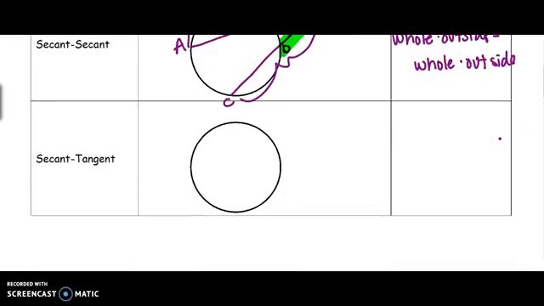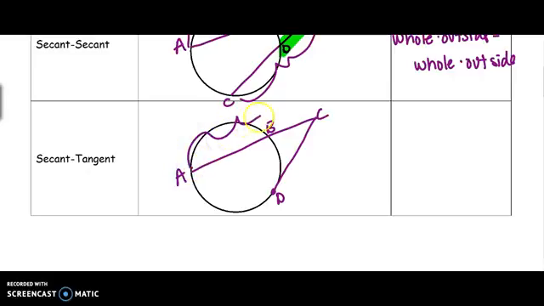The last power theorem we're going to look at is secant tangent. Secant tangent is where you have one segment that intersects the circle at two places and one segment that just has that one point of tangency. So again, we have A, B, C, and our point of tangency is D. So AC is a secant.